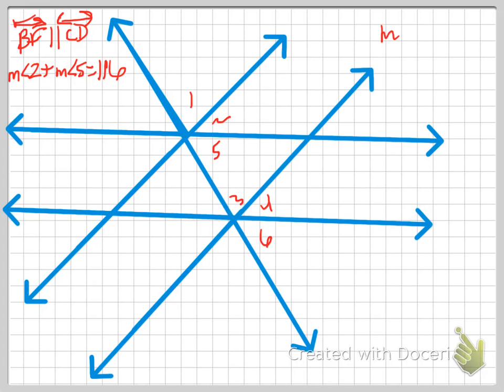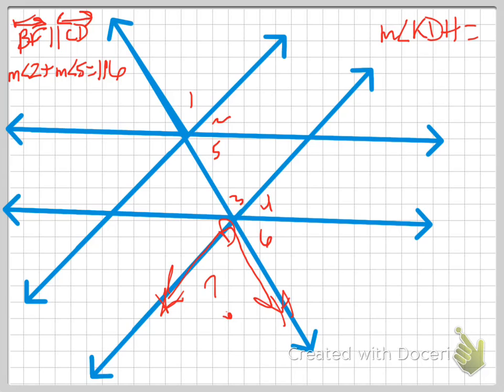What they want to know is what is the measure of, they'll have an angle here, they called it KDH in this example, which happens to be this angle down here. Here's K, D, and H. Alright, so this is what we're trying to find out.